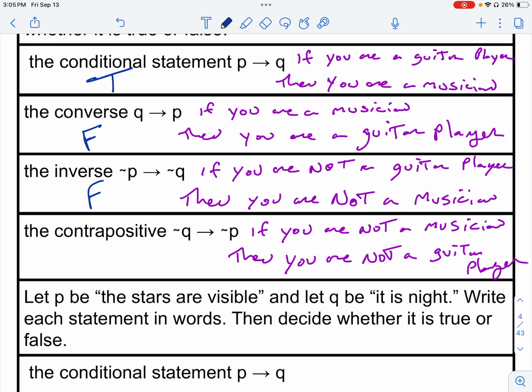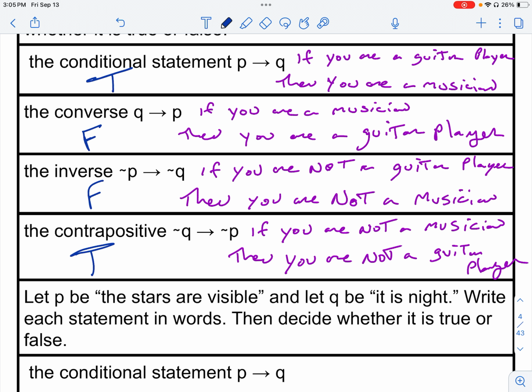So let's think about this one. Guitar players are musicians. So if I'm not a musician, I'm not a guitar player. I'm also not a trumpet player or clarinet player, but this is going to be true.